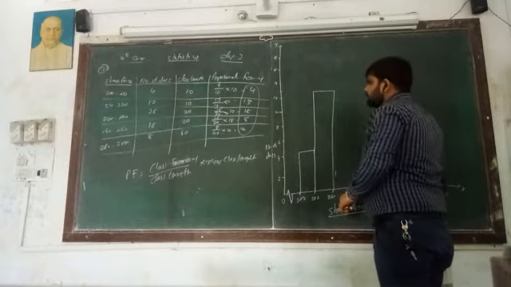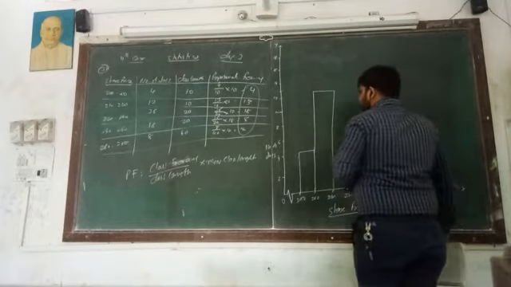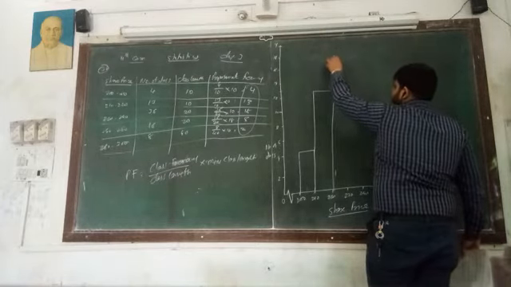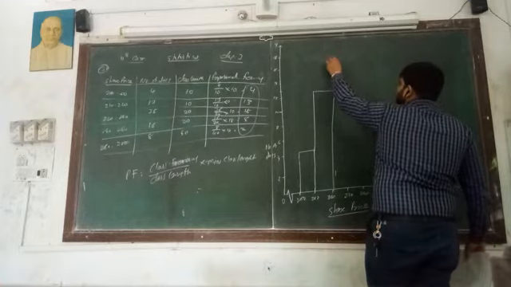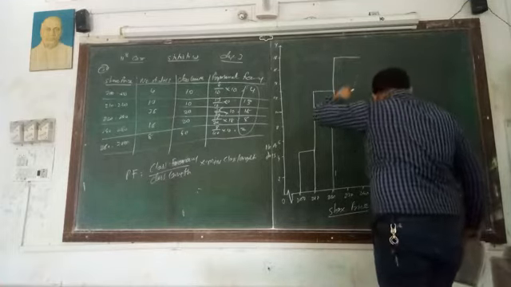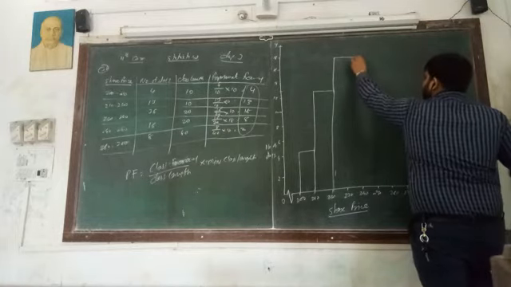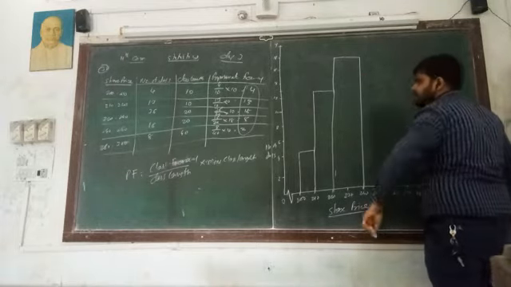This is 210. Then 220 to 240. It's 18. 18 that is topmost. Okay, so this is 18. 240. Okay, so this is 240. Fine.